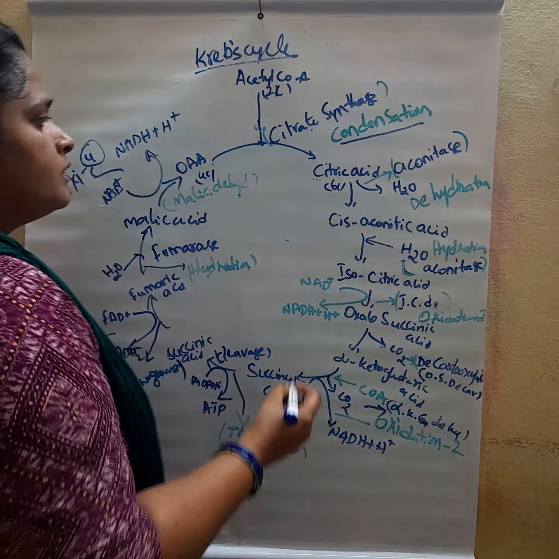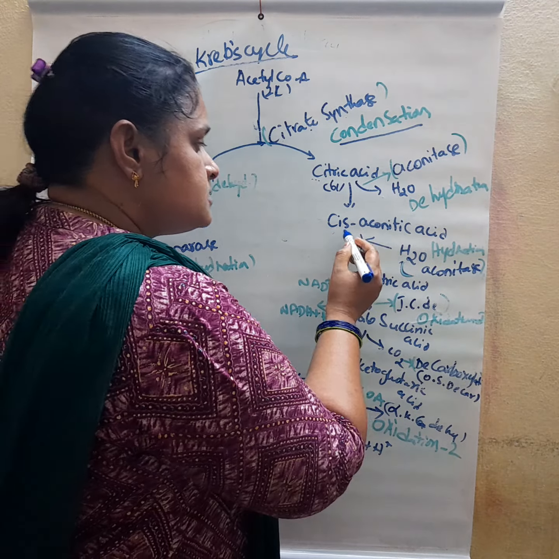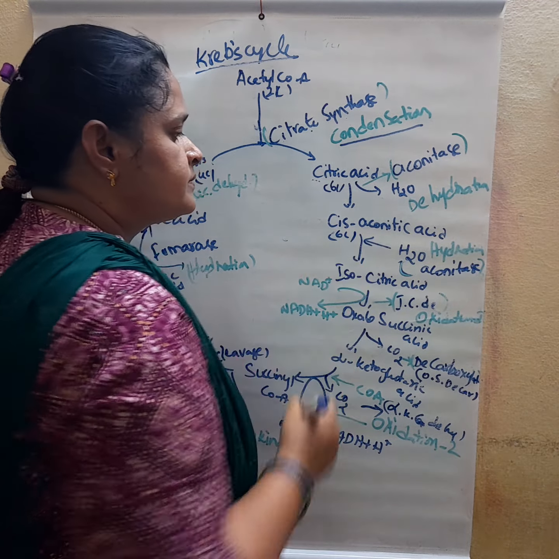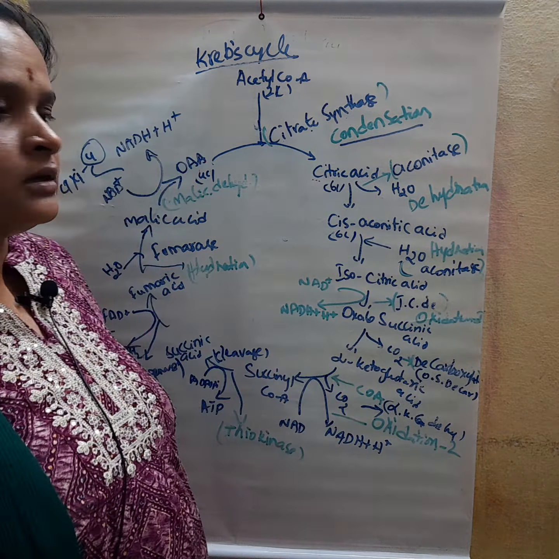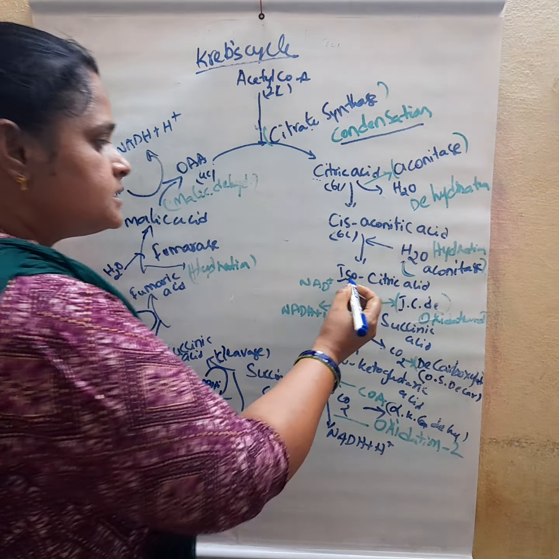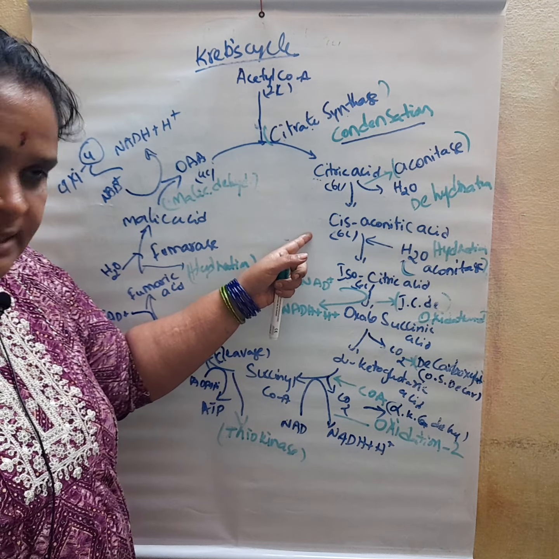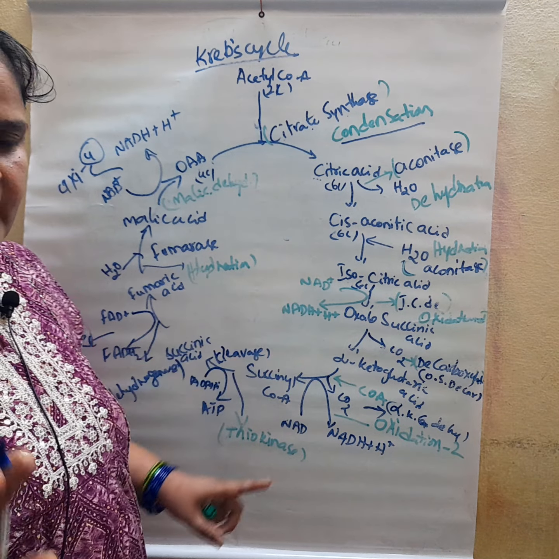Dehydration means a water molecule is removed, forming cis-aconitic acid, also a six carbon compound. Now again water is added, hydration, in the presence of the same enzyme aconitase, forming isocitric acid, also a six carbon compound. So: citric acid, cis-aconitic acid, isocitric acid.